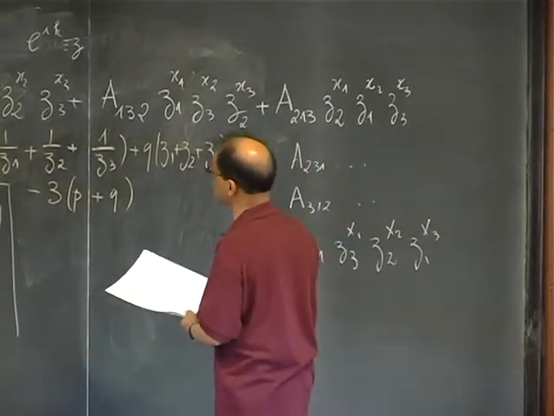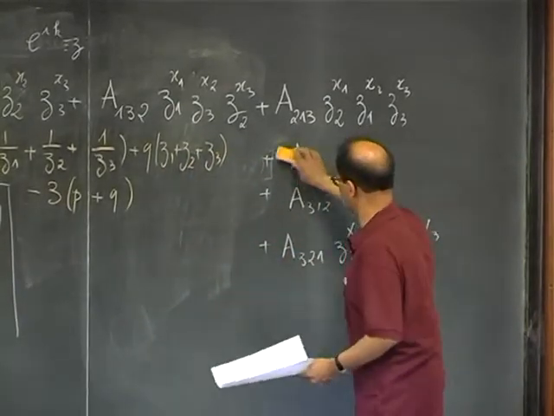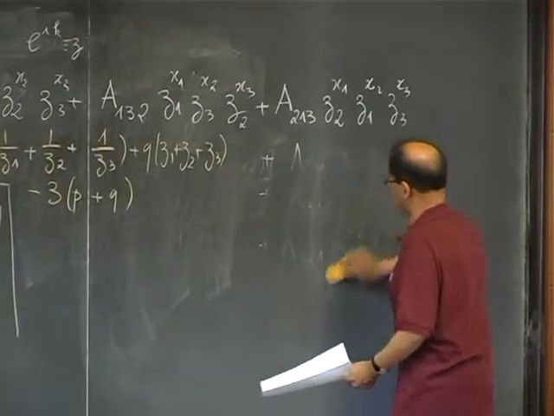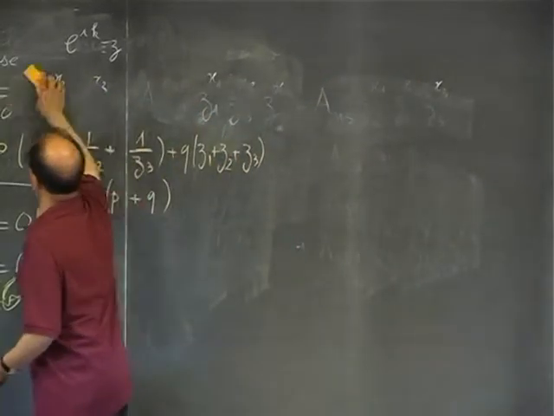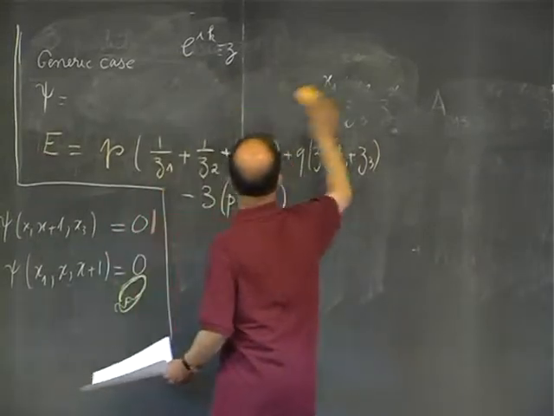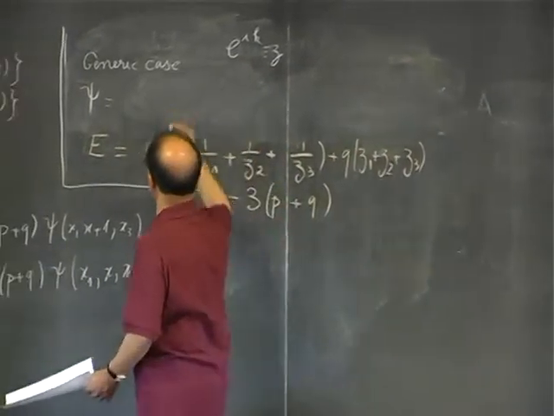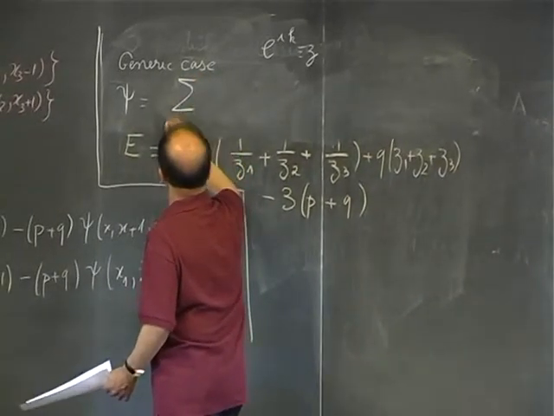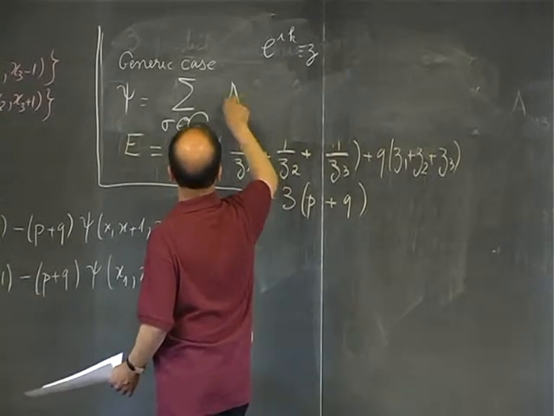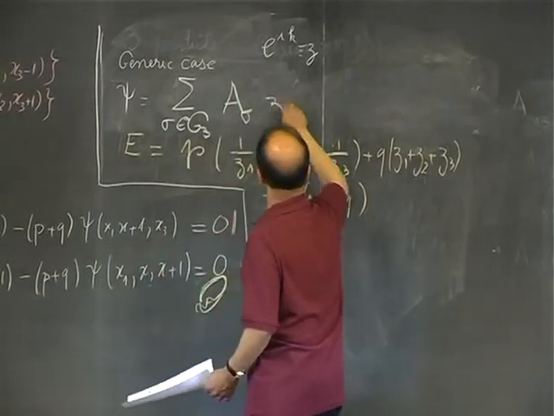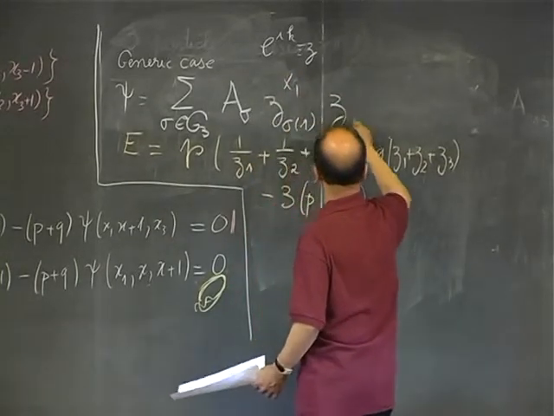The right way to write it is not at all like that, because it will become more and more awkward. The right way to write this is to introduce the permutation group of 3 elements. I'll explain in a second.